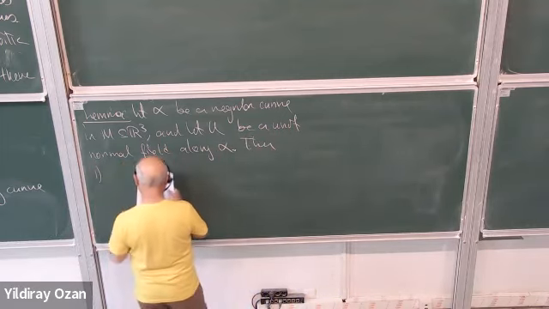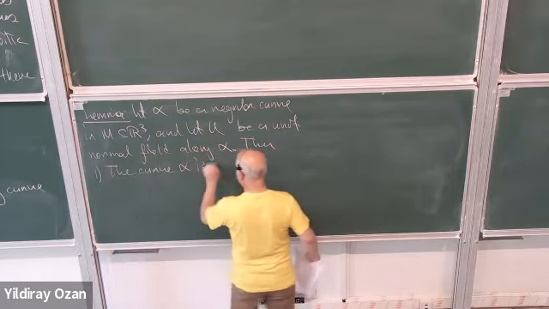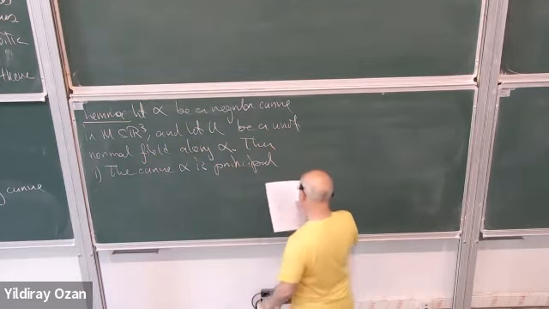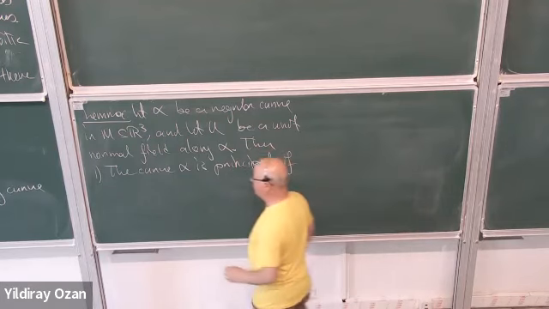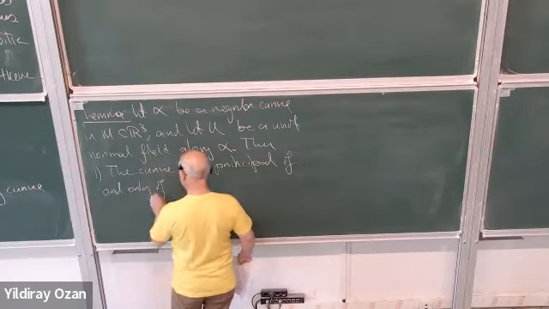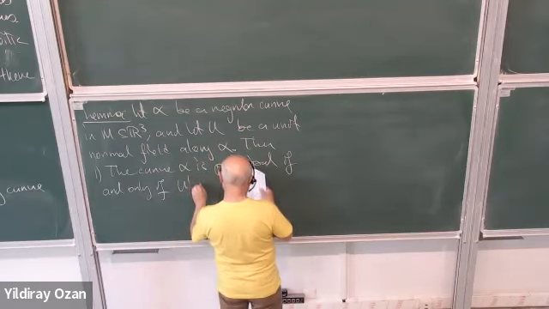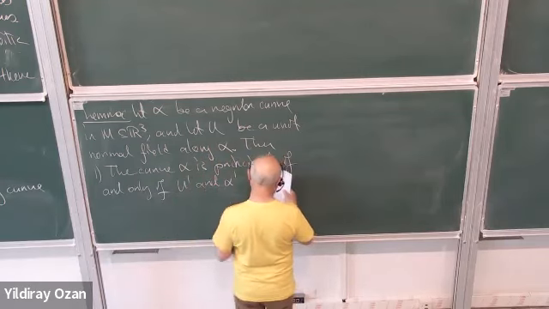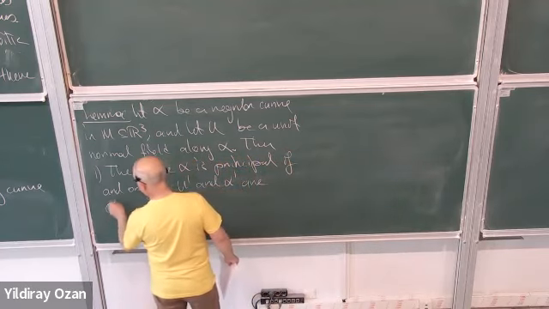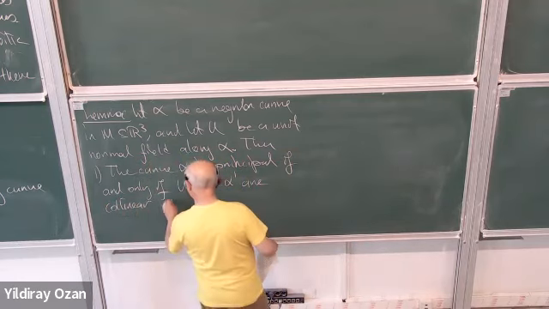First one is this: the curve alpha is principal if and only if U prime and alpha prime are collinear at each point.